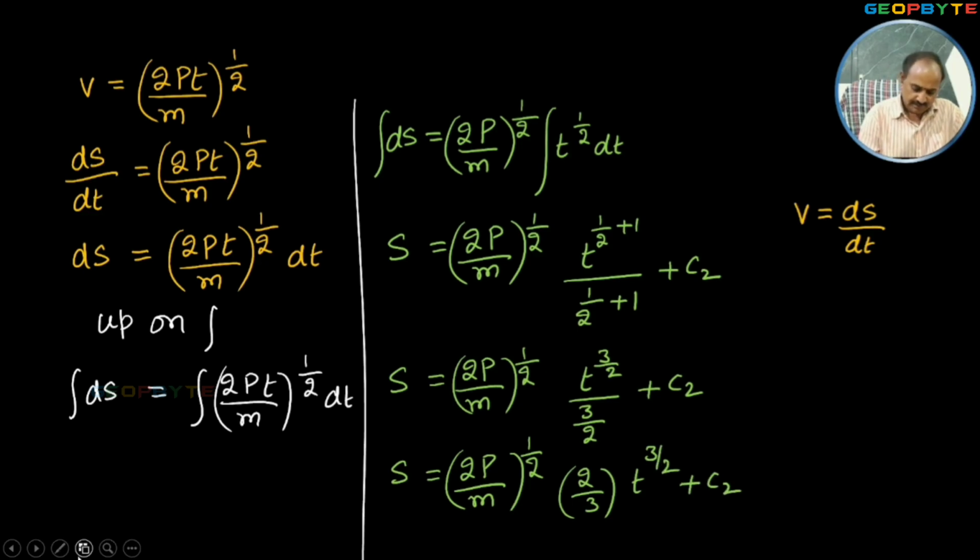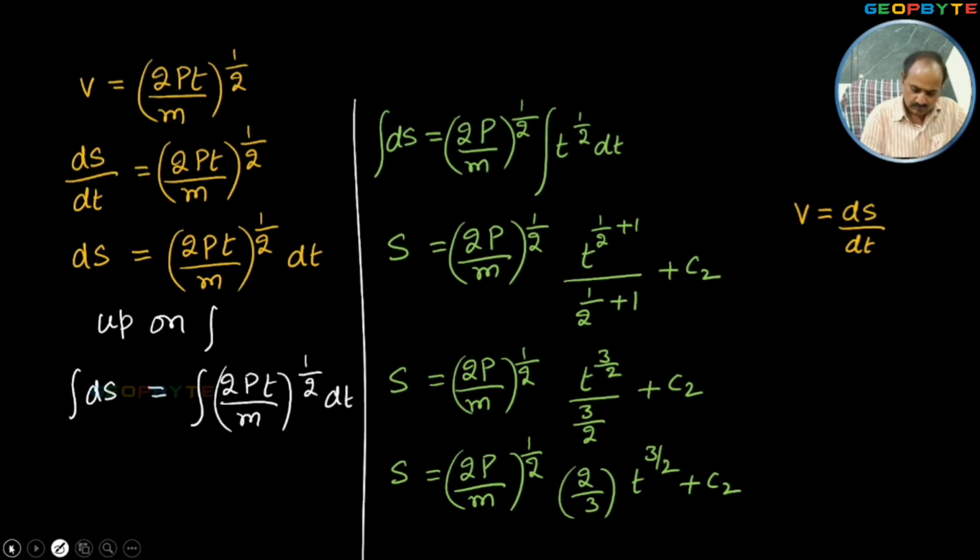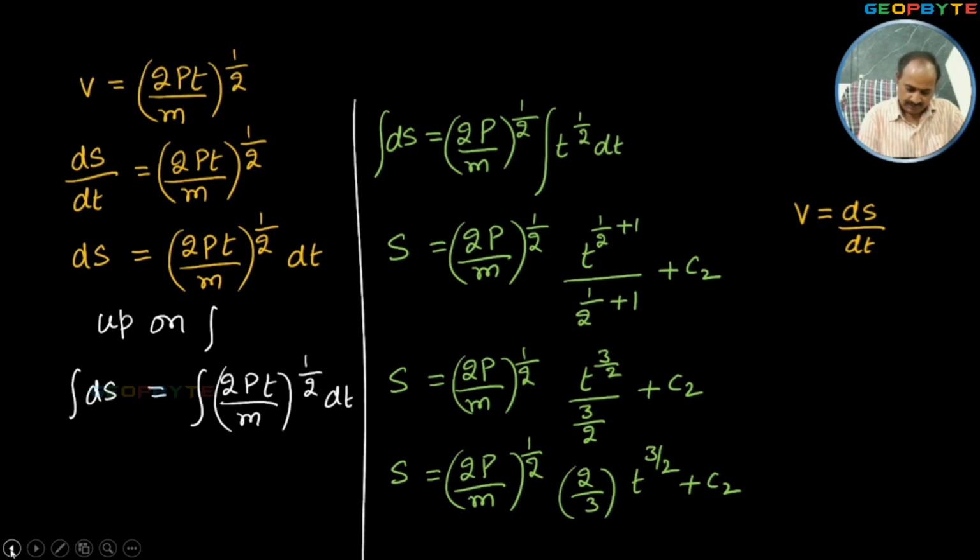Let us take another slide. Here s equals (2P by m) power 1 by 2 into 2 by 3 t power 3 by 2 plus c2. Correct?